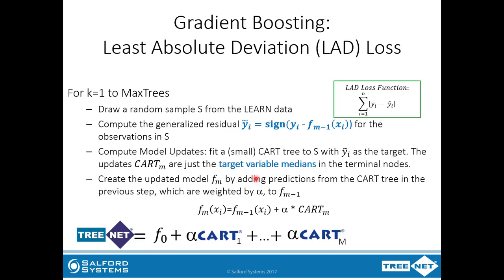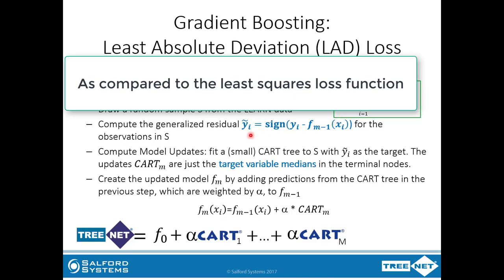Now, just to give you an example of a different loss function, here we have the least absolute deviation loss function, or LAD. LAD is just the absolute error here. The process for constructing the model itself is exactly the same, except the only thing that changes is that the generalized residuals become the sign of the typical residual.